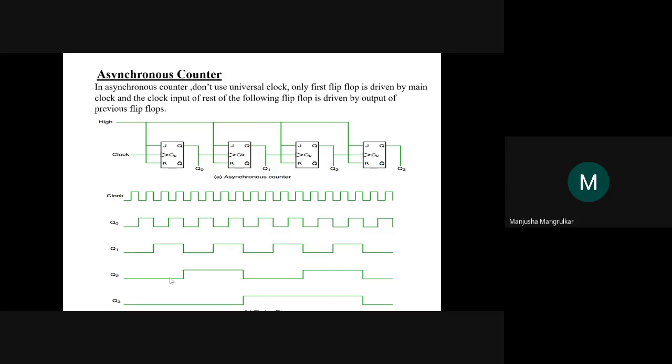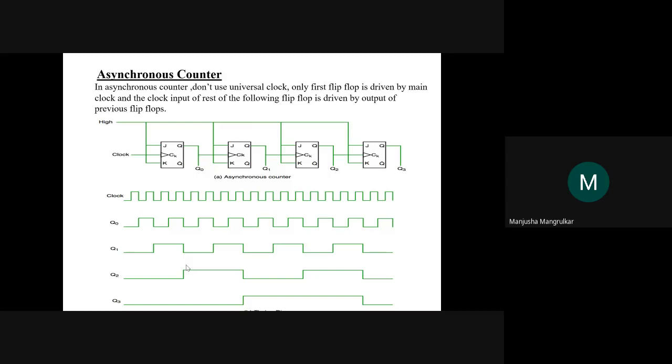So this Q2 output will act as the clock pulse of this flip flop 3, so your Q3 output will depend upon this clock pulse, right? And these cycles get rotated.